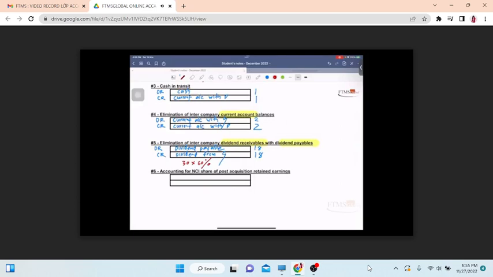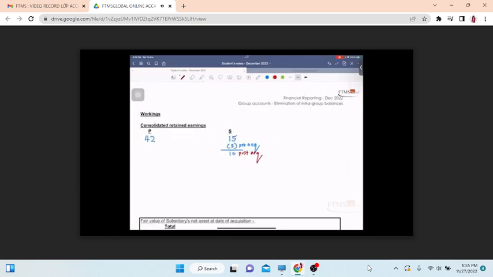Then of course, the last one, you can leave it to here. NCI is 40%, so 6 here, 4 in total.